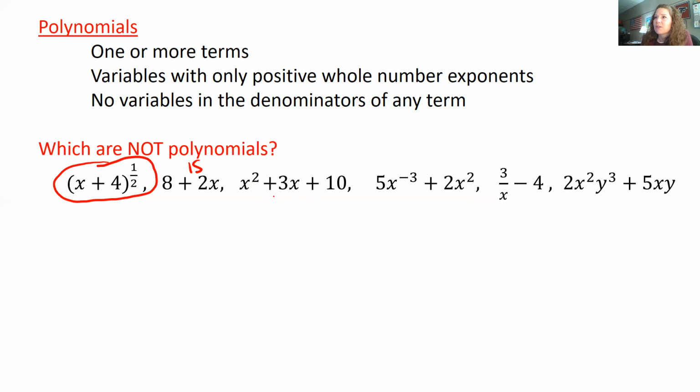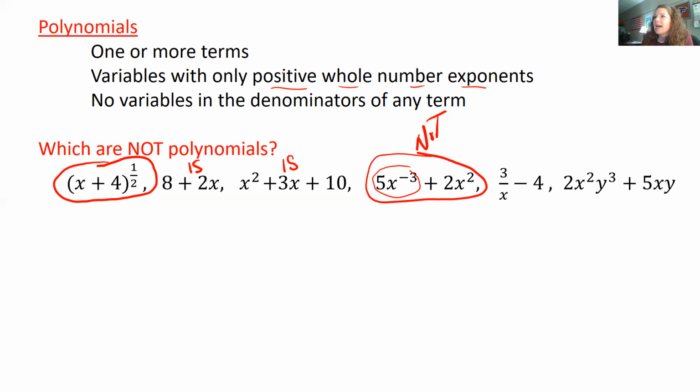All right, what about this? Does this break any of those rules? I see positive exponents. There are no variables in the denominator, and it's made up of 3 terms. So this one is a polynomial. This one, the first term has a negative exponent. You can only have positive whole number exponents, so this is not a polynomial.